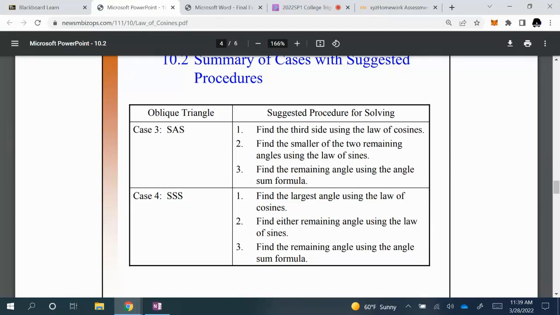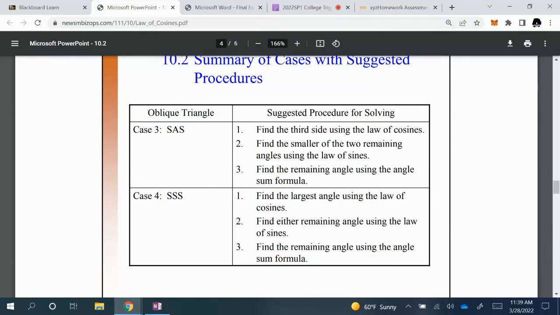We talked earlier about some triangle facts: the largest angle is opposite the largest side and the smallest angle is opposite the smaller side. So after you find the third side using the law of cosines, you should then find the smaller of the 2 angles using the law of sines. And then the third thing you should do is find the remaining angle using the angle sum formula.